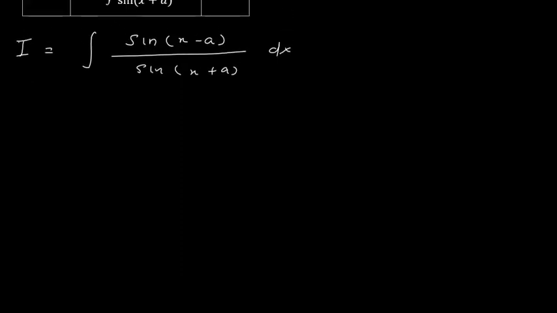Now see, one idea is that your denominator should be a single term, so that you can divide easily. Now here in the denominator we have sine of x plus a, so if I expand I will get 2 terms. So how will I make it a single term? By using the substitution of x plus a equal to t. Okay, so let us substitute that.